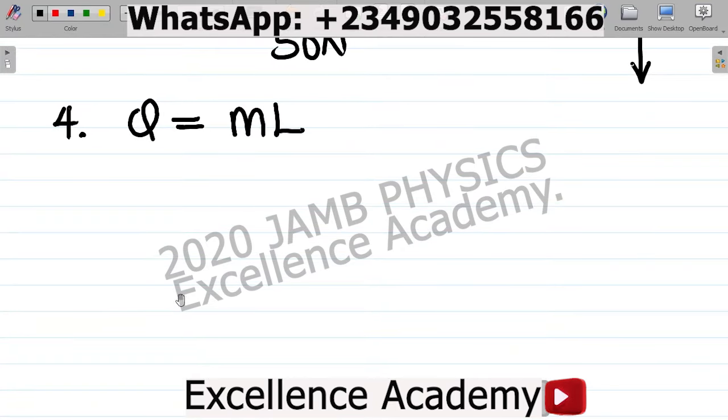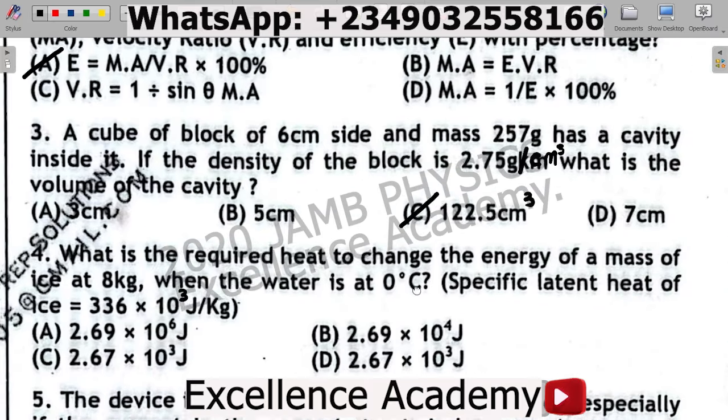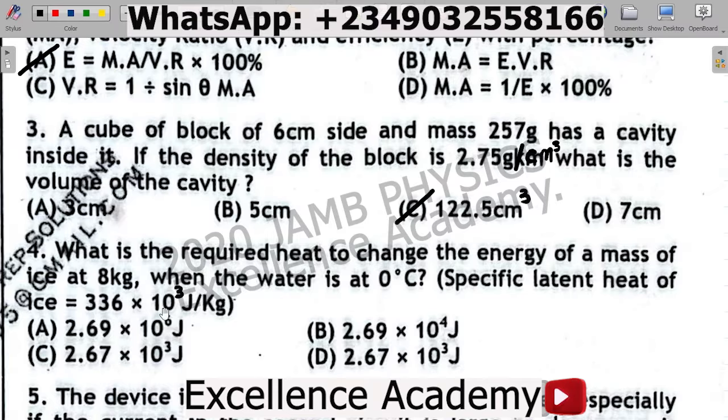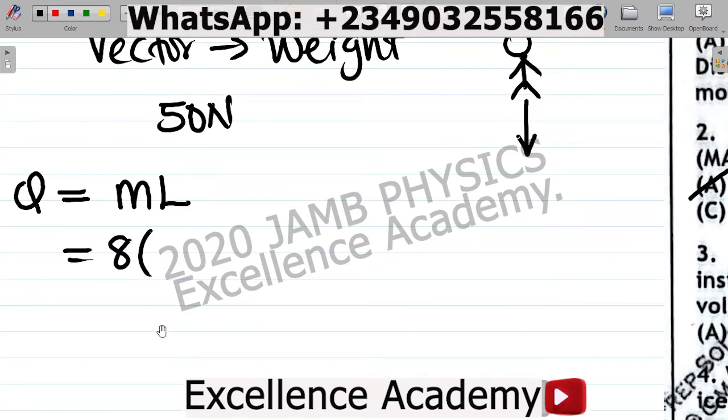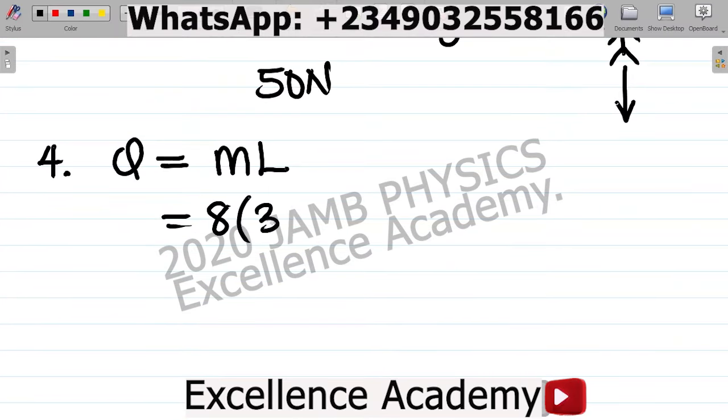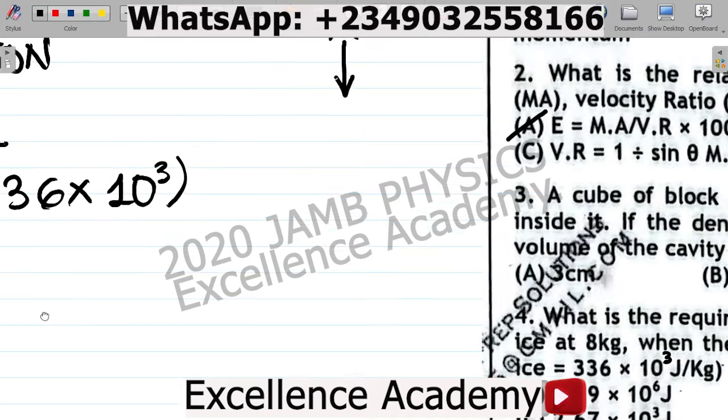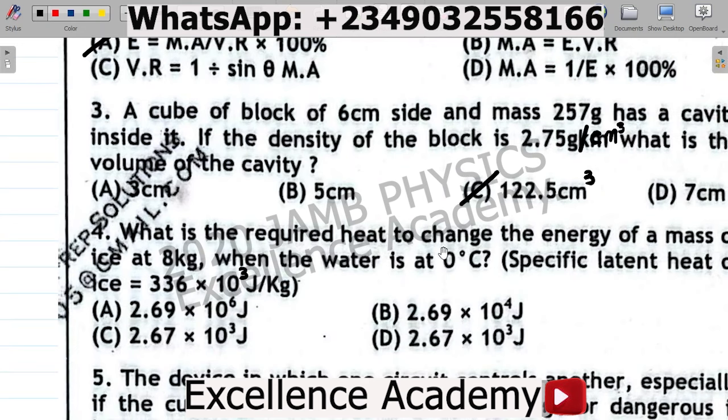You're given the specific latent heat of ice as 336 times 10 to the power 3. And you're asked to find the required heat.